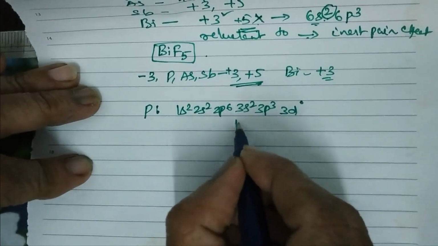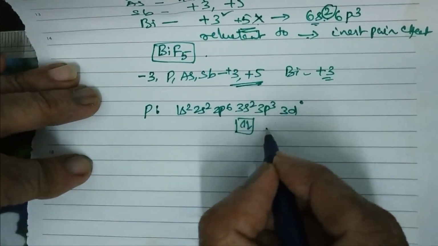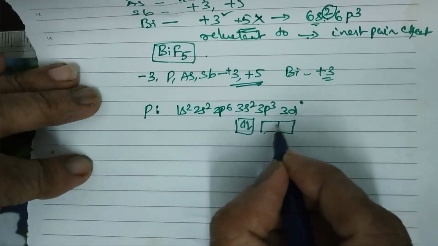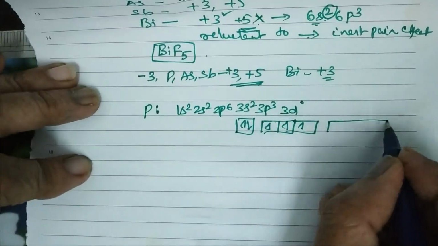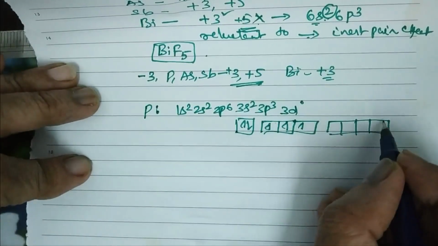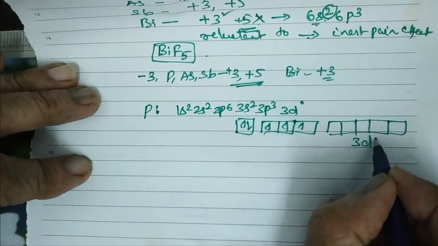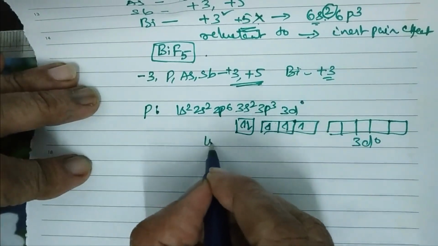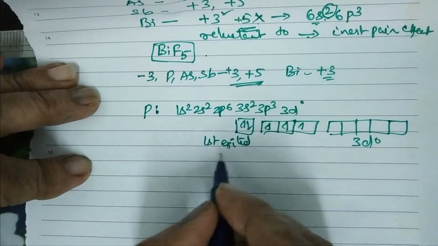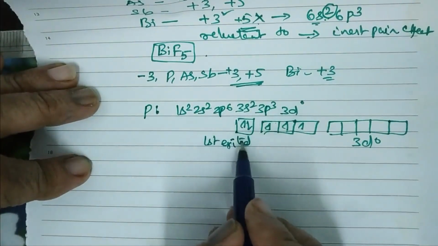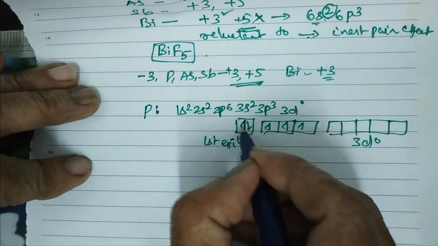We can write the outermost configuration using a box diagram: 3s2, 3p3 and 3d0. In the first excited state, when higher energy is given to the phosphorus atom, it goes to the excited state.